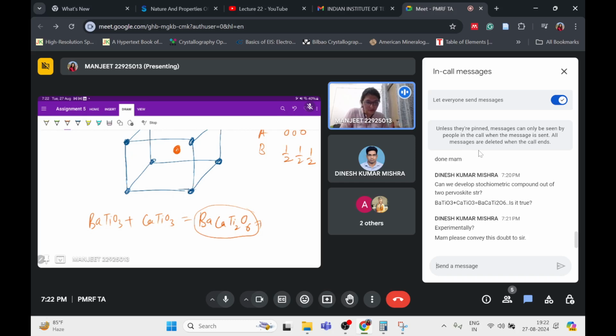Please convey this doubt to sir. So can we develop the stoichiometric compound out of two perovskites? You want to develop the stoichiometric coefficient for this barium calcium titanate.